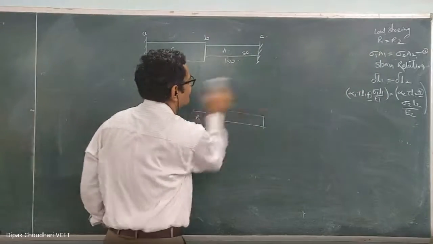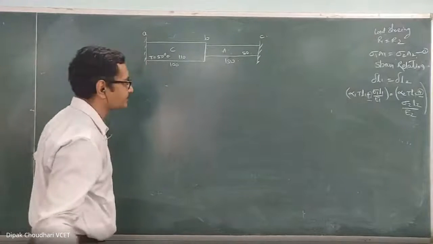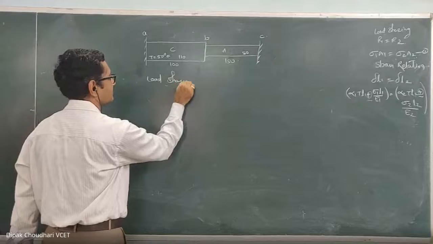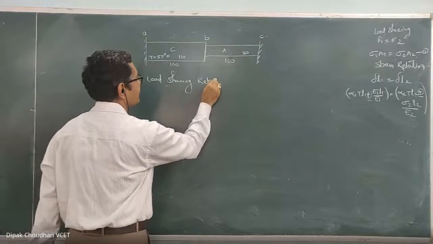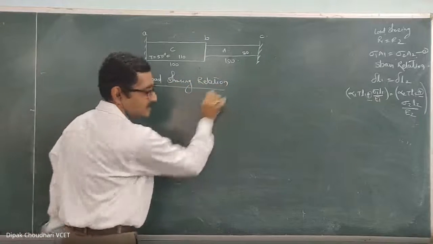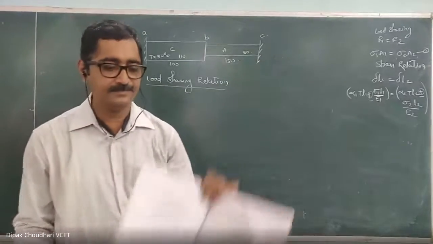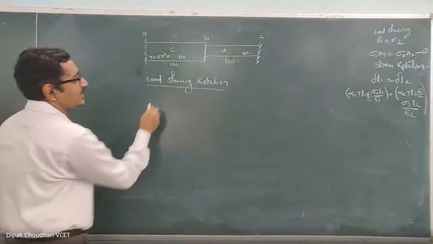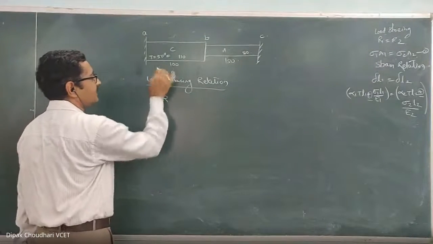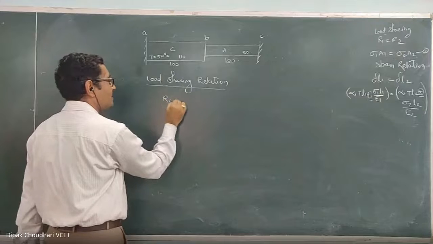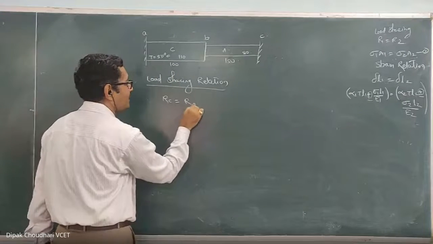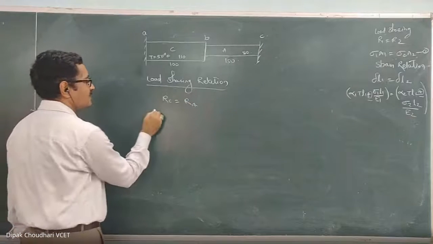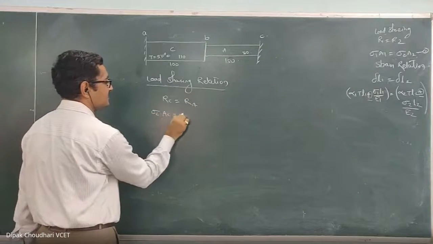Okay, so let's write down the load sharing relation. This is a civil exam question for 10 marks. Load sharing relation: the load exerted by aluminium on copper is equal to the load exerted by copper on aluminium, or the reactive force on copper is equal to the reactive force on aluminium, which can be written in terms of stress.